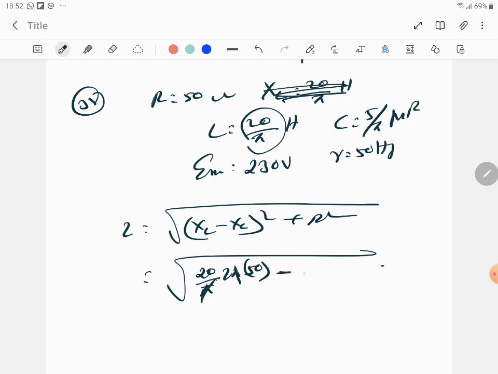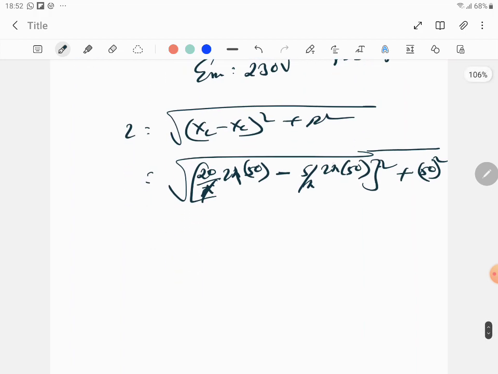XC is C omega, where C is 5 by pi and omega is again 2 pi into 50. This whole thing has to be squared, plus R square, which is 50 the whole square. Just do the calculation and get the answer. There's nothing much. Okay, what is next?